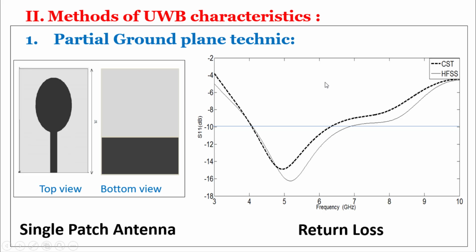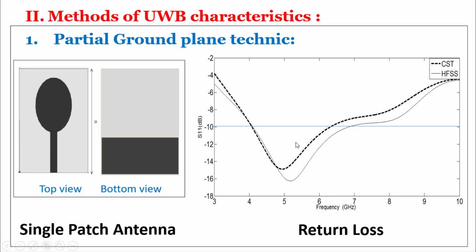On the right we have the return loss as a function of frequency. For this antenna we have a return loss inferior to minus 10 decibels from 4.1 gigahertz to 6.2 gigahertz.